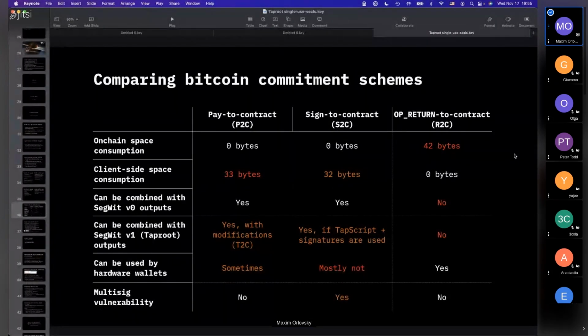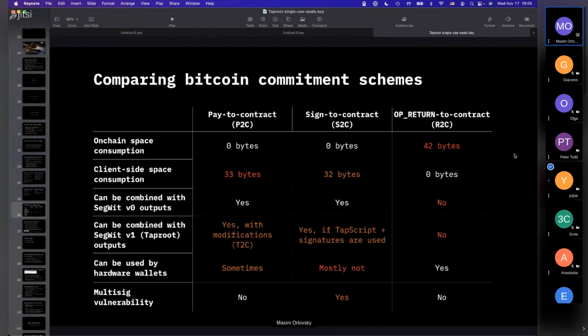But pretty much the same customization is required to work with Liquid assets, because the same thing applies to them. They also exist as tweaks to the keys inside the transaction. So hopefully by the time OP_RETURN is extinguished, we will have hardware wallets that support better processing of tweaks, both in pay-to-contract and sign-to-contract.